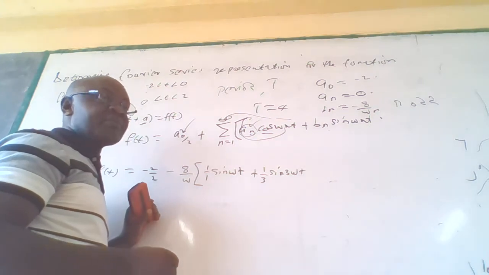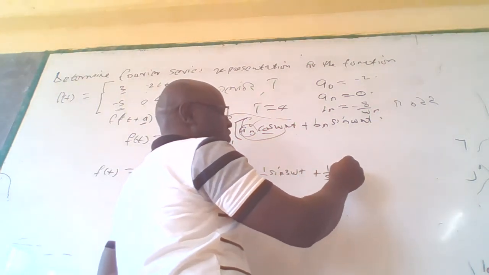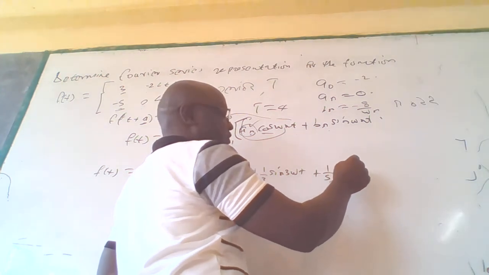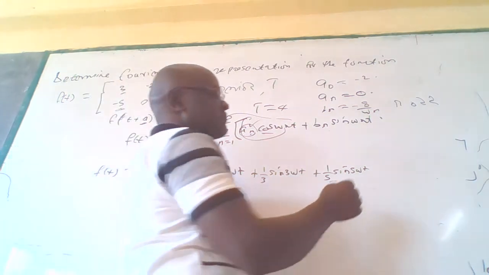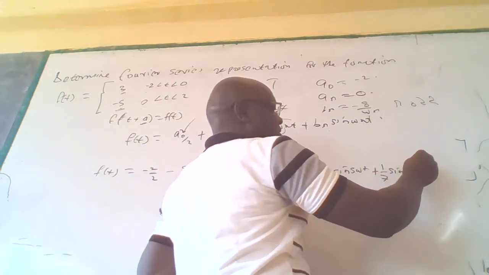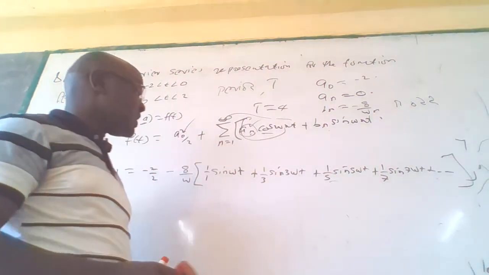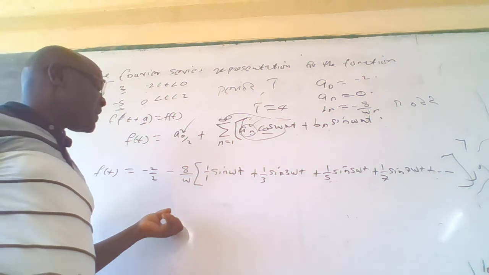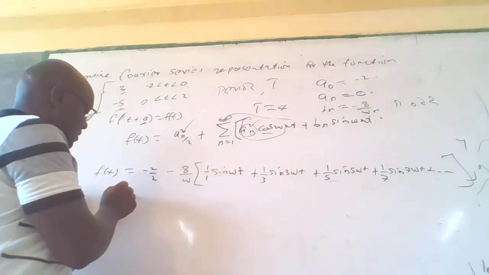The next odd number is 5, so plus 1 over 5 sine 5 omega t. The next is plus 1 over 7 sine 7 omega t, plus. It continues like so. So this is the series.